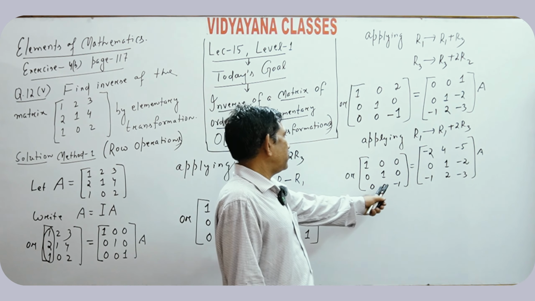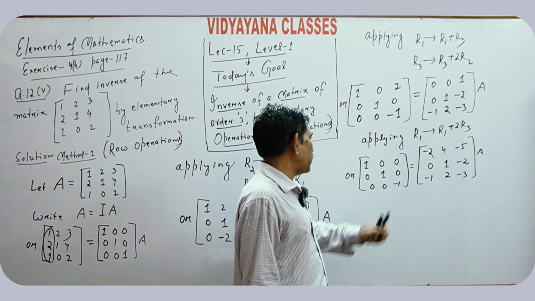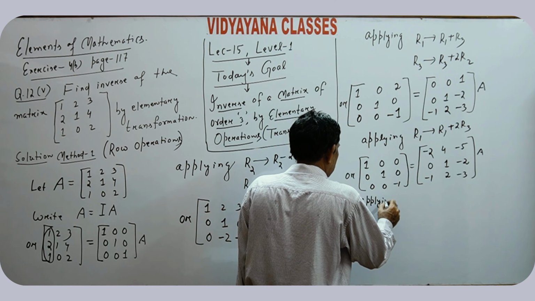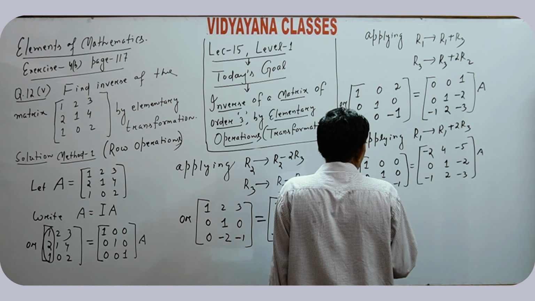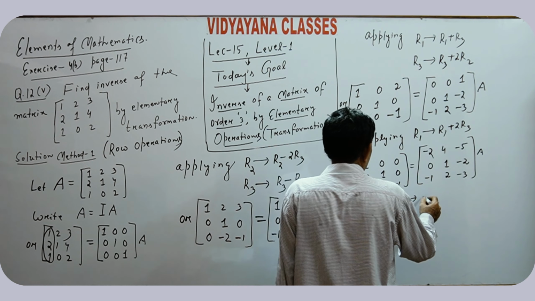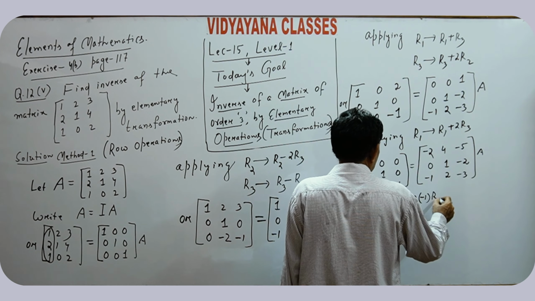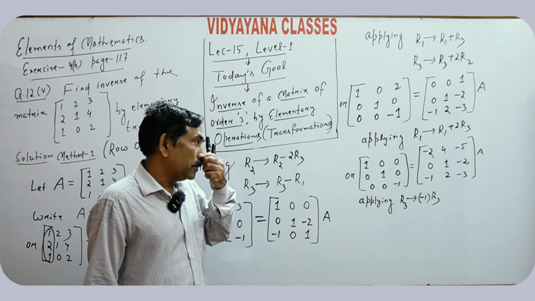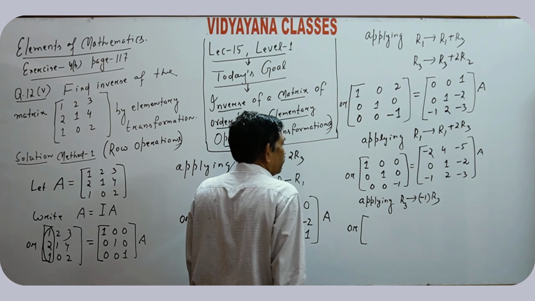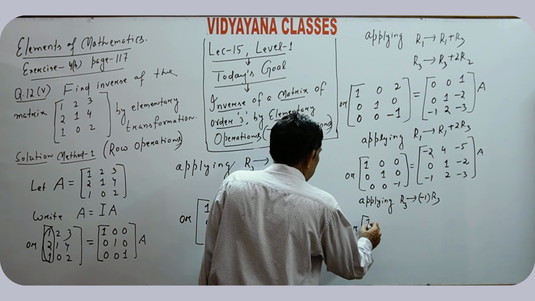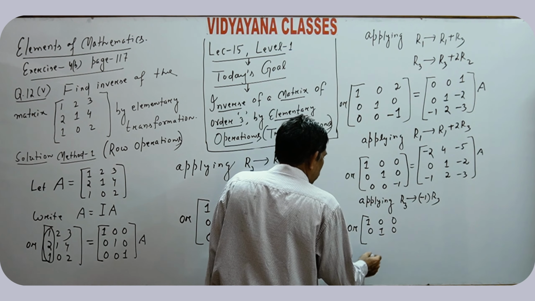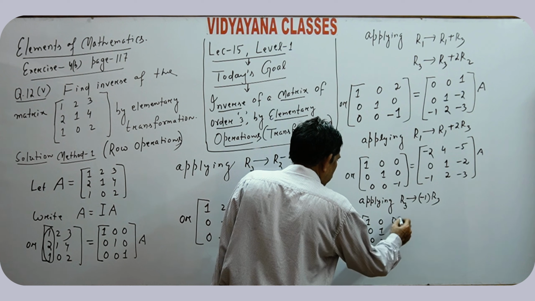Now we will change the column 3: 0, 0, 1. Apply. Row 3 replaced by minus 1 times row 3. The left hand side changes to 1, 0, 0, 0, 1, 0, 0, 0, 1.